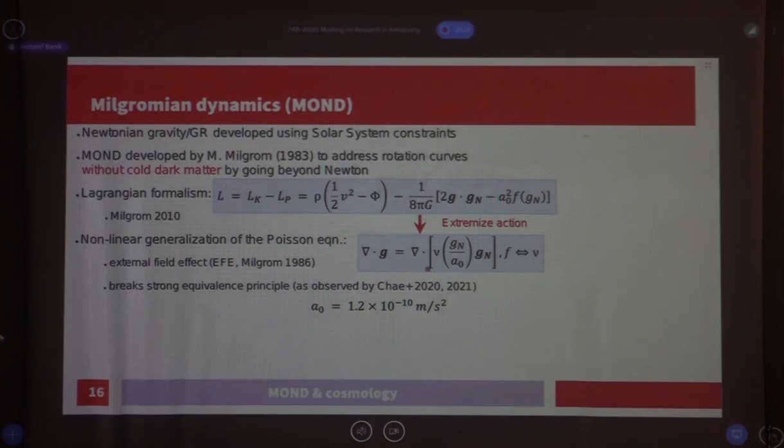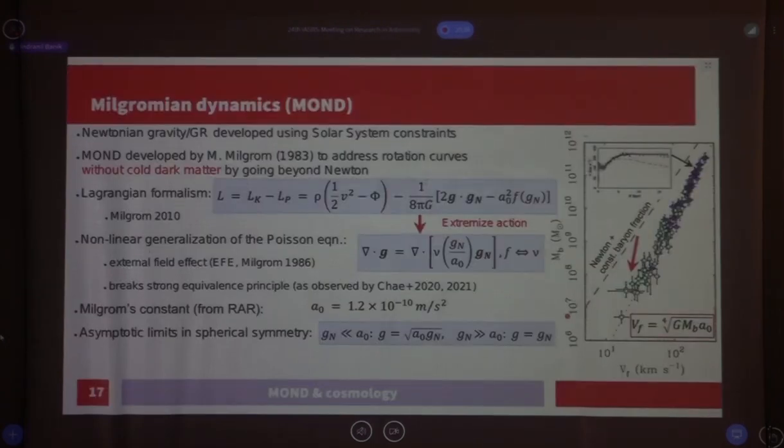Then what happens as a result of this is that in the regime of high accelerations, like in the solar system, where the Newtonian gravity is much stronger than a0, you just recover the standard behavior.